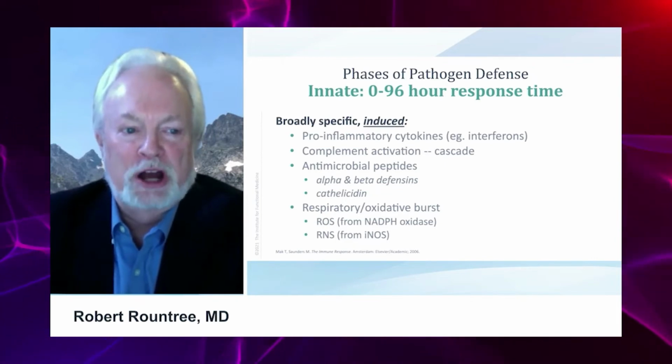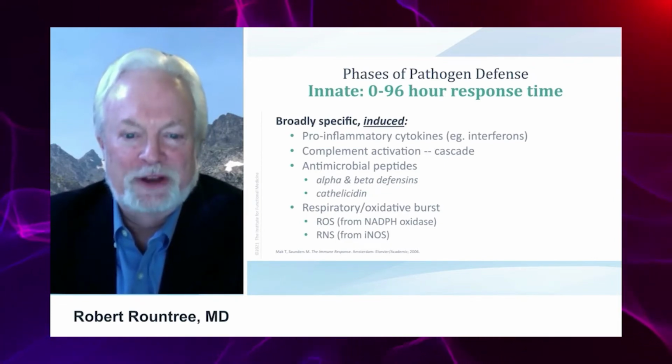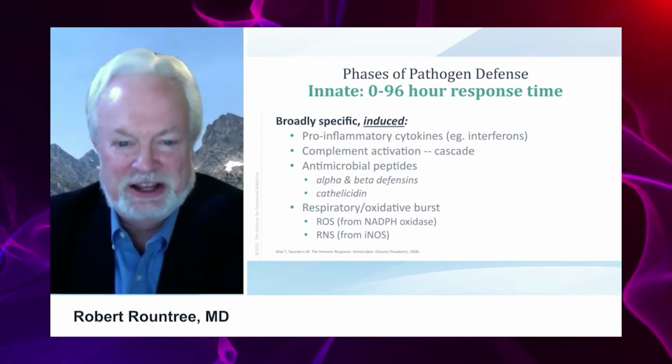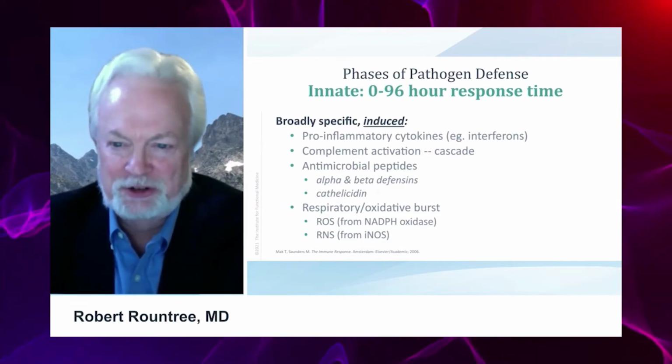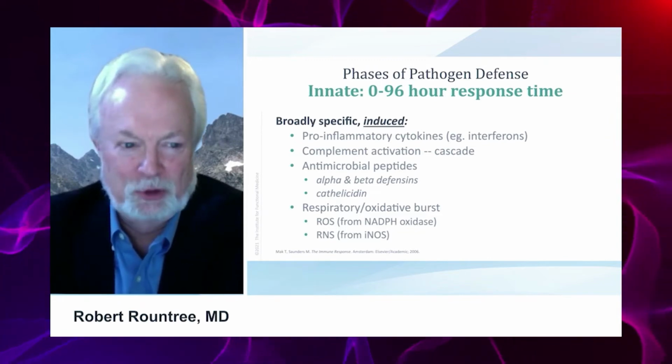Another part of this broadly specific induced process is the release of pro-inflammatory cytokines. In the case of viruses, it's especially the type 1 and type 3 interferons that are playing a role.